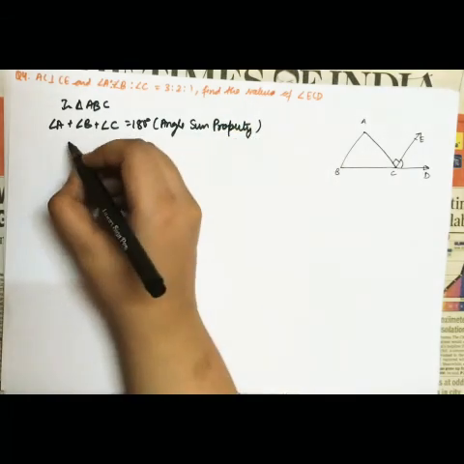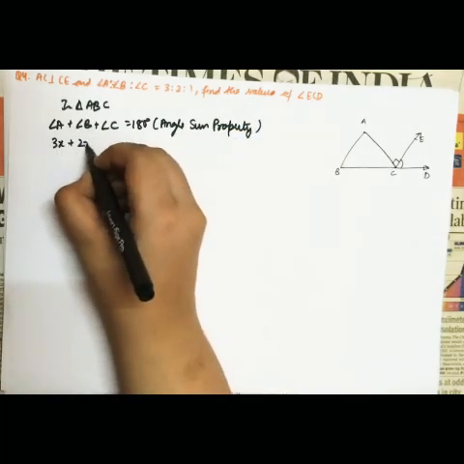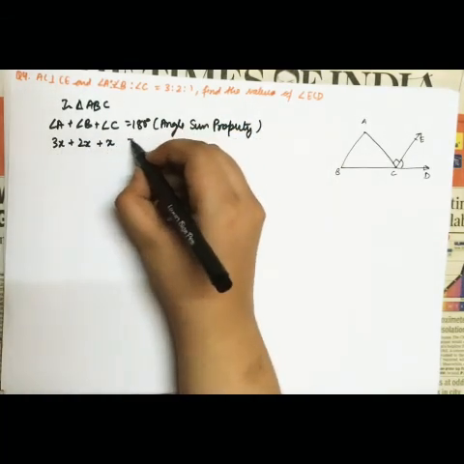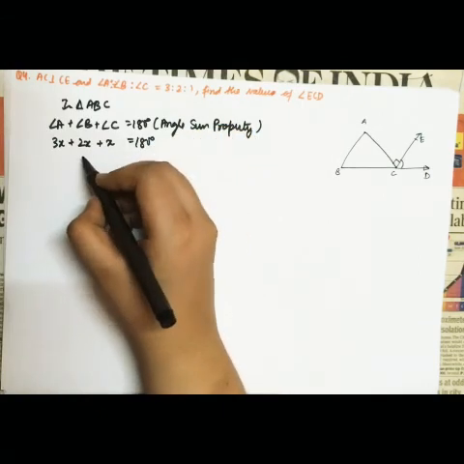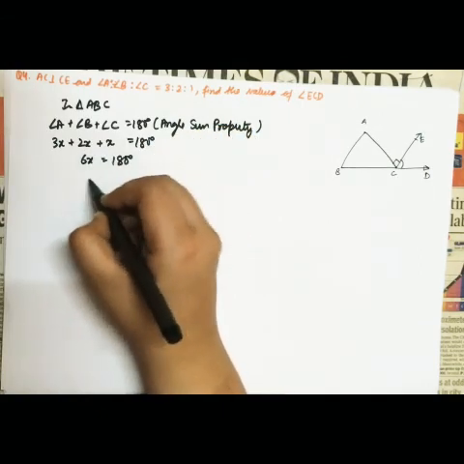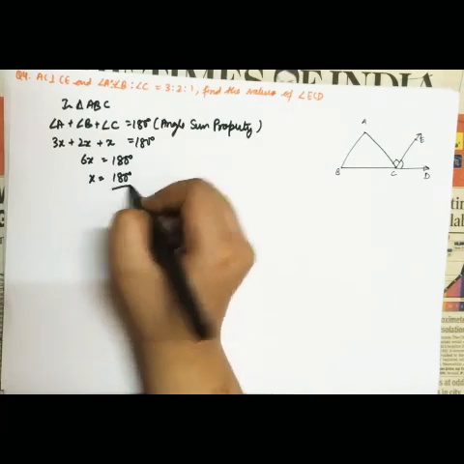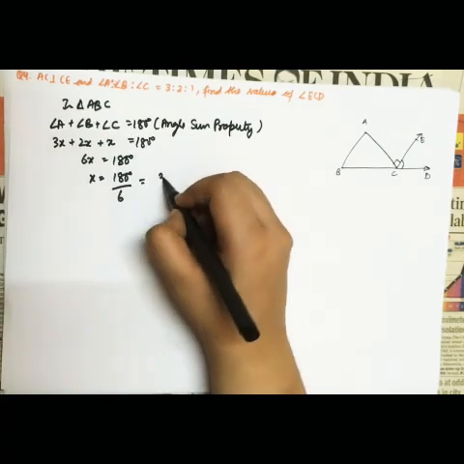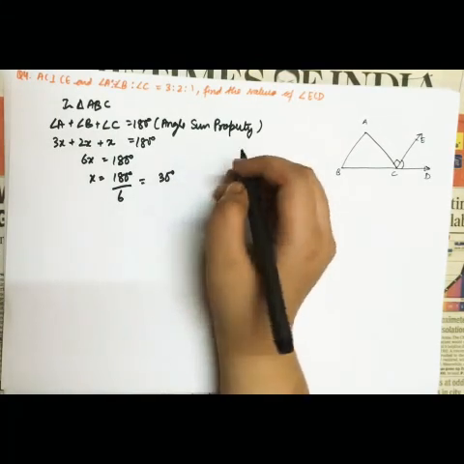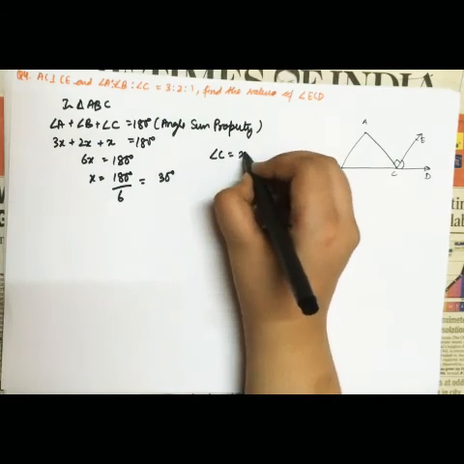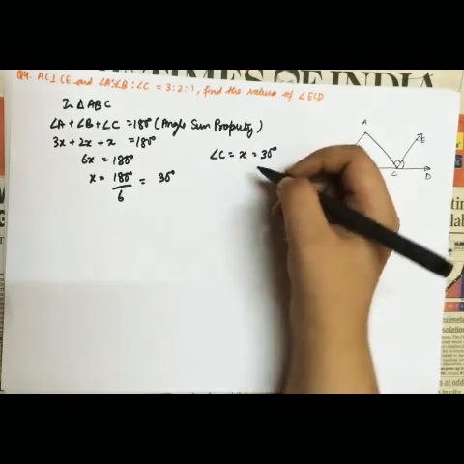Now angle A is 3x, B is 2x and C is x. So 6x is equal to 180 degree, x is equal to 180 degree upon 6, which is equal to 30 degree. Now angle C is equal to x, which is equal to 30 degree.